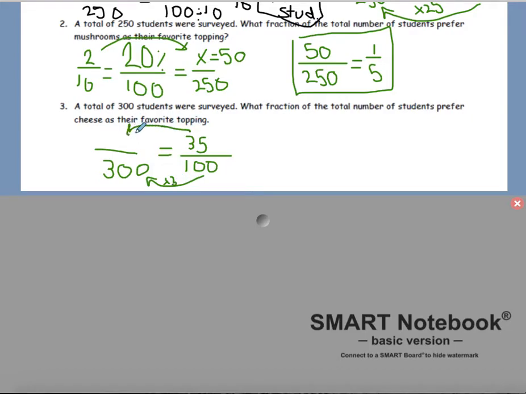And then here, times 3. And we get 105. So our fraction is 105 over 300, but that again is not in its simplest form.